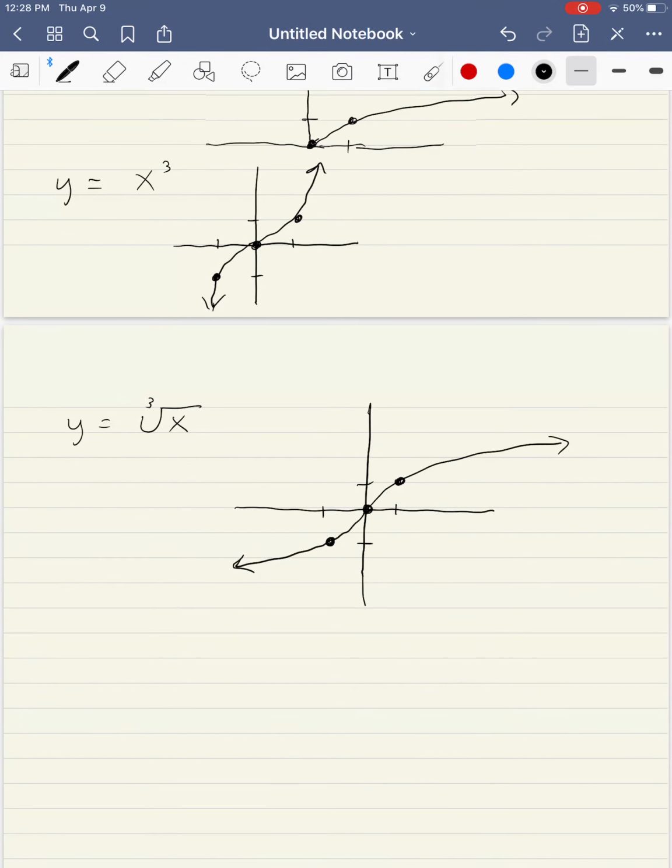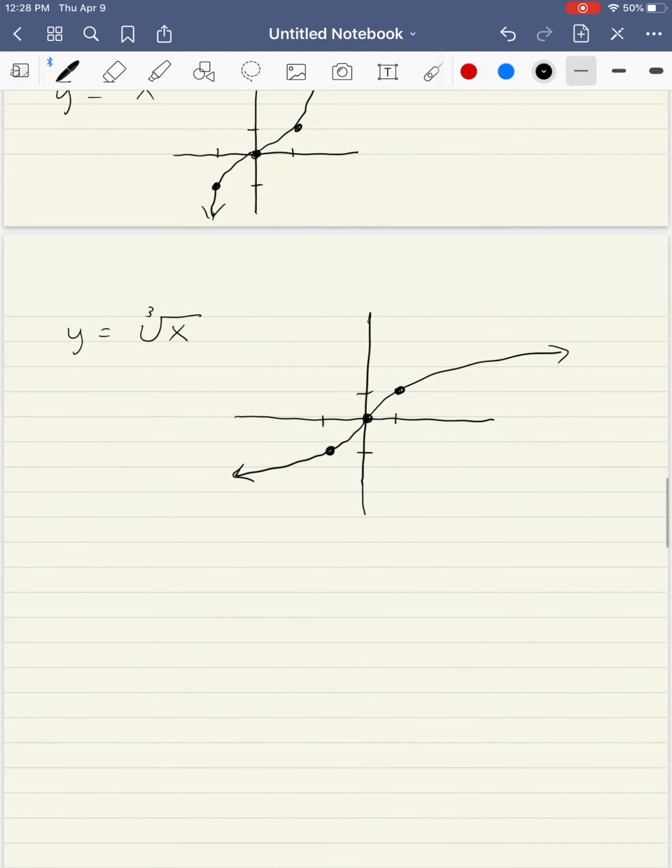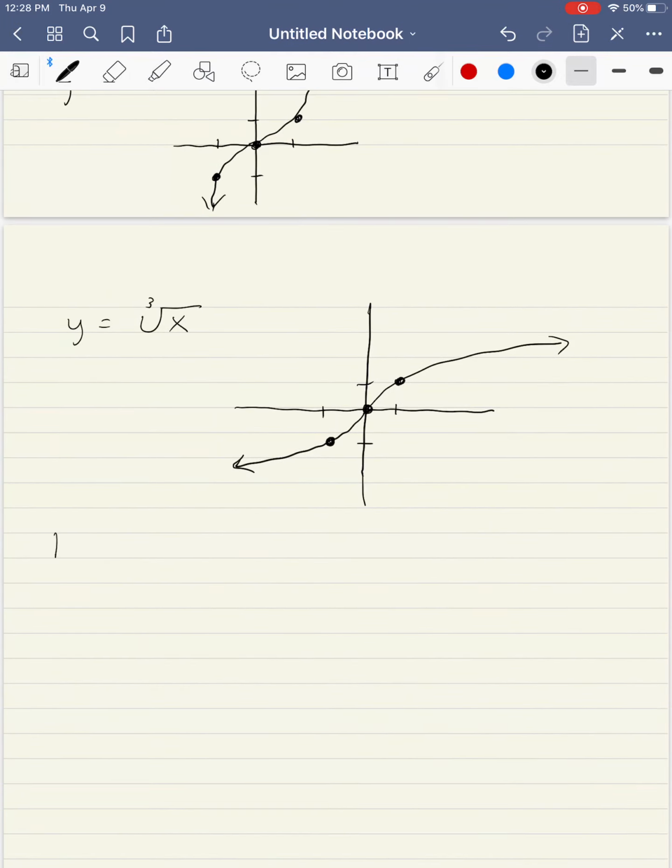So we know the basic shape of each of those graphs. Now we're going to use those and the ordered pairs that we plotted to do our transformations. Our first transformation rule that we're going to look at is if we have some function, g of x, which was some known function, f of x, plus some number c.